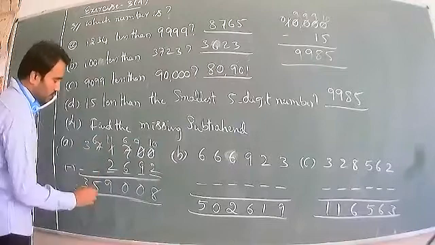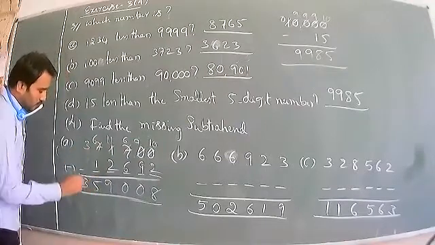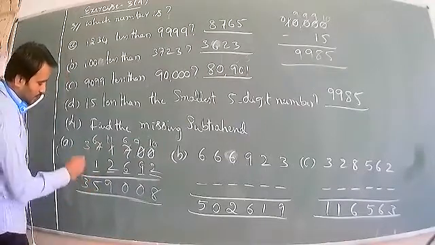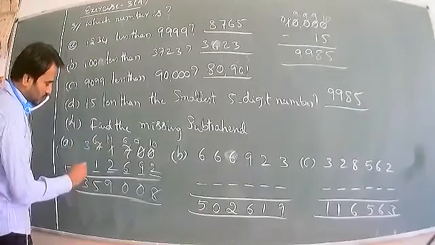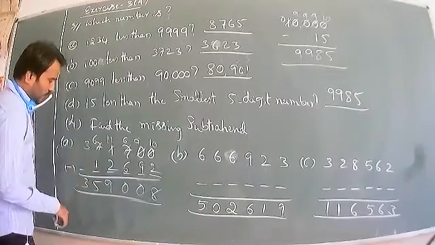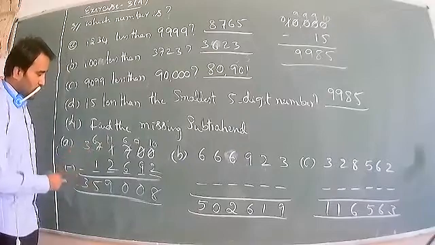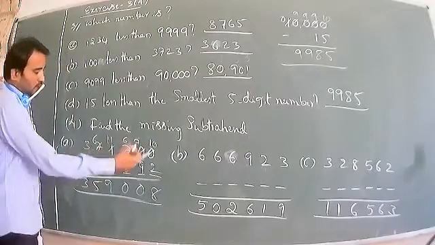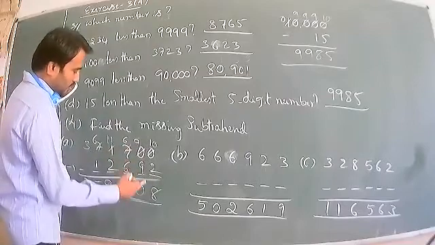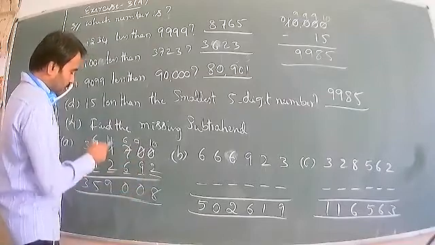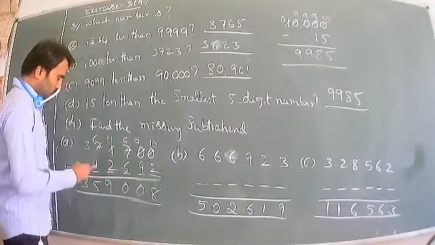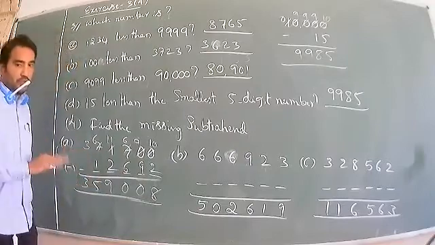Now 6 less 5, 1; 3. Now we can easily find this. We should write 0 as it is. So your number is 10 less 8, 2; 9 less 9, 0; 6 less 6, 0; 11 less 2, 9; 6 less 1, 5; 3 as it is.